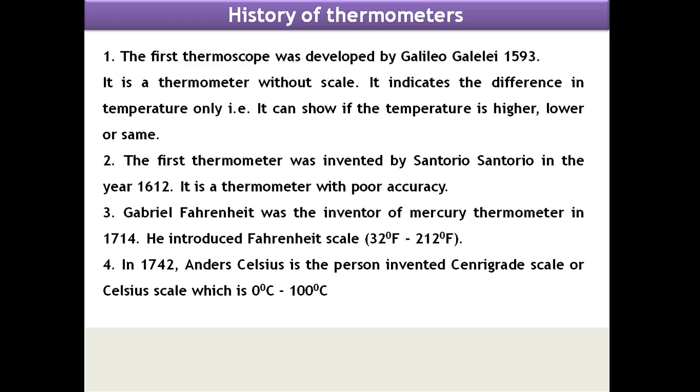One of the first thermoscopes was developed by Galileo Galilei. He is the person who invented the telescope and observed the universe and stars. In our textbook it was mentioned that he is the inventor of the thermometer, but actually he didn't invent the thermometer, he invented the thermoscope, in 1593.